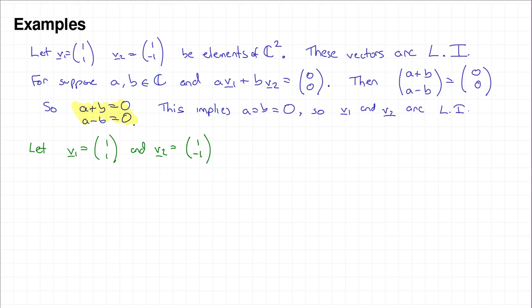But this time we're going to think of those as elements of F2 squared, the field with 2 elements squared. So we're thinking of these as column vectors of height 2, whose elements come from the field with 2 elements. So what about those? Are those linearly independent or linearly dependent? What do you think? Again, pause the video and think about it.